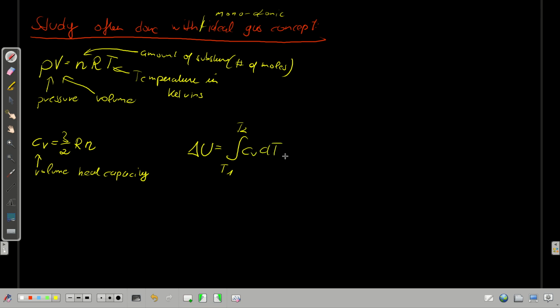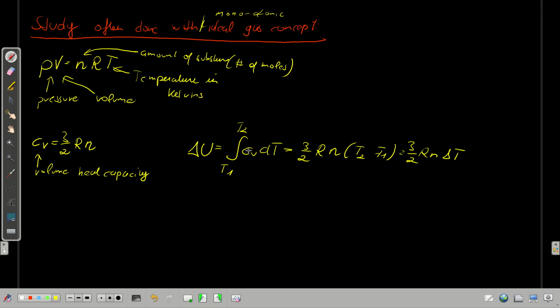And since CV does not depend on the temperature, this equals 3/2 times the ideal gas constant times the amount of substance times (T2 minus T1), which equals 3/2 R n delta T.